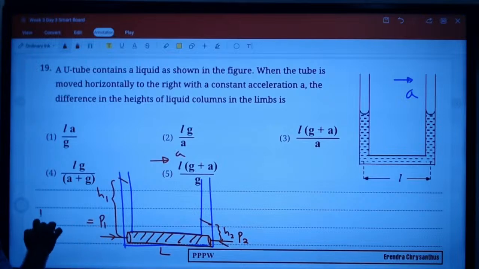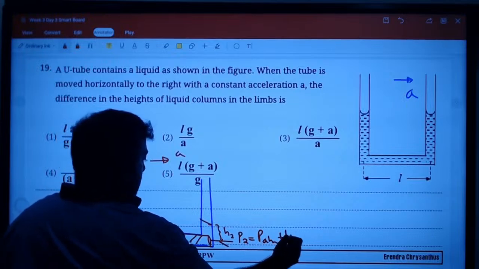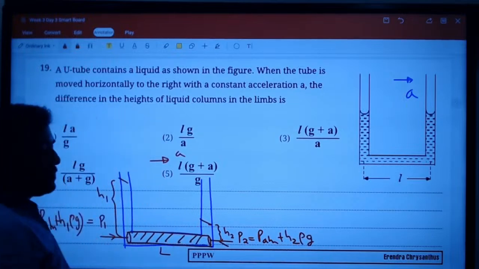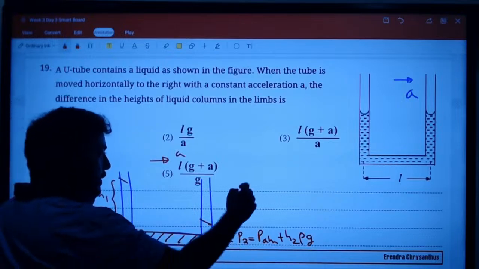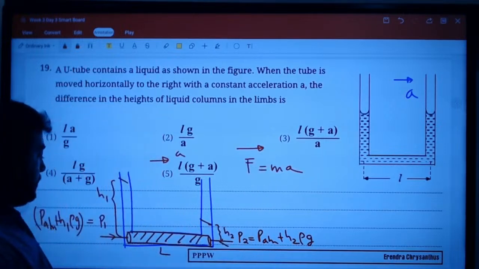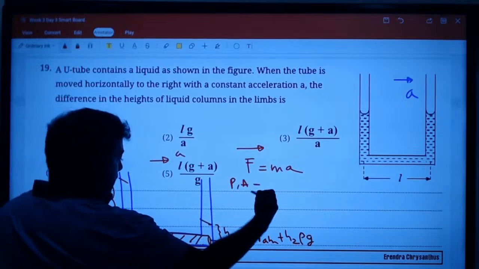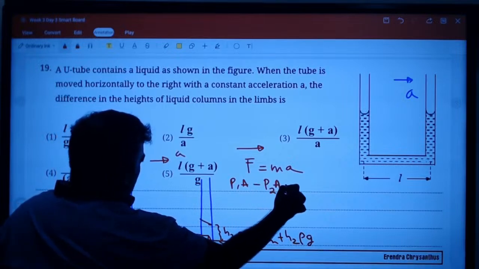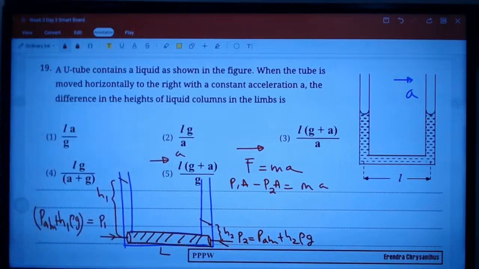So P1 is equal to PATM plus h1 rho g. P2 is equal to PATM plus h2 rho g. Now what? If I apply F equal ma in the forward direction, there is a resultant pressure force here, P1A minus P2A, equals mass into acceleration.